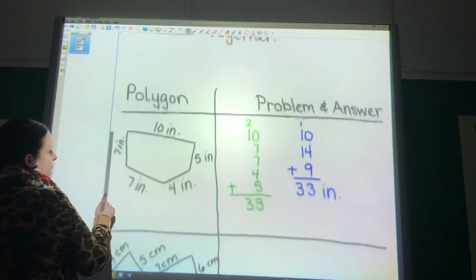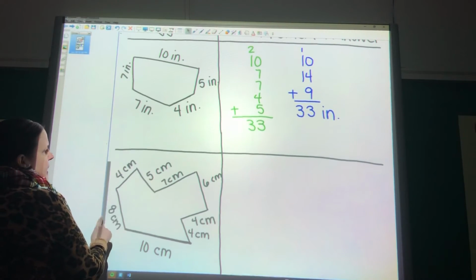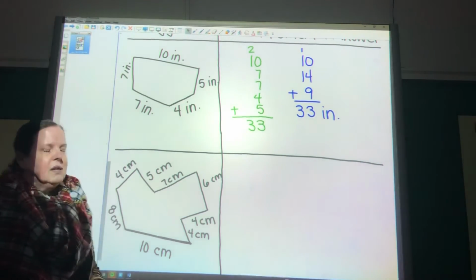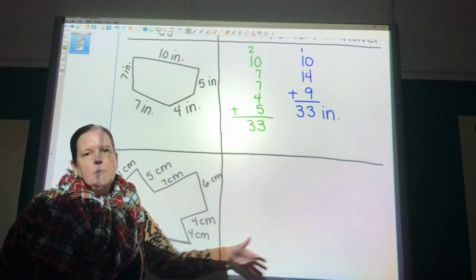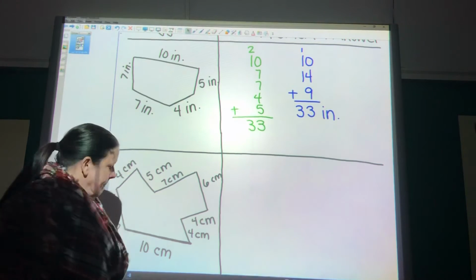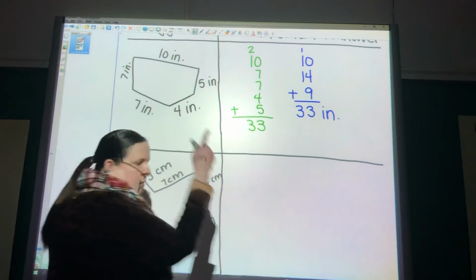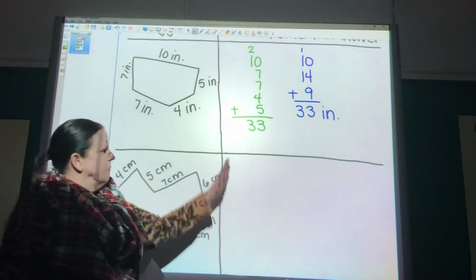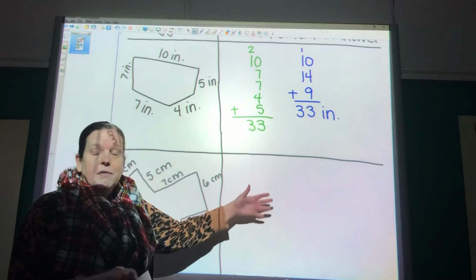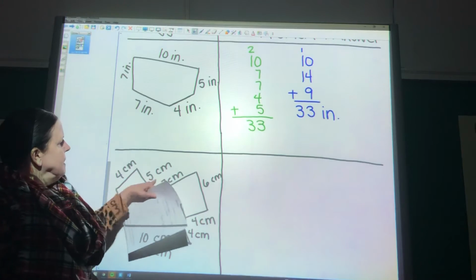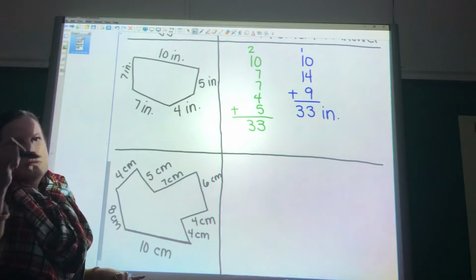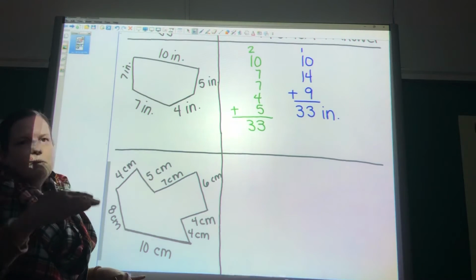Okay, so the second one, that was only 5 sides. The second one has quite a few more. So this is where it might be handy to make 2 separate columns of numbers and then add those 2 answers together. When you get this many, you want to make sure you remember where you started, what you've used, and what you haven't.